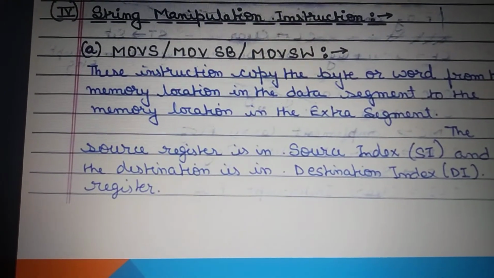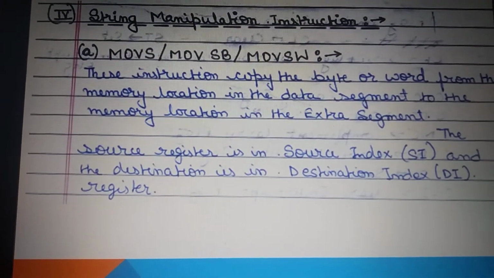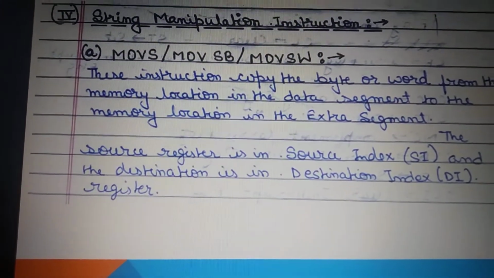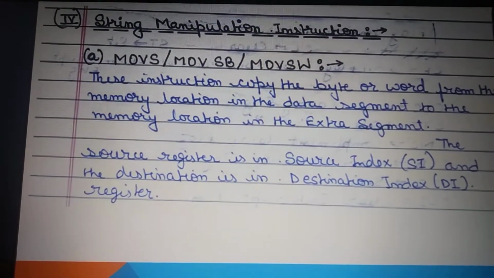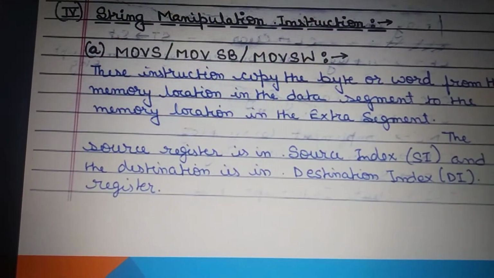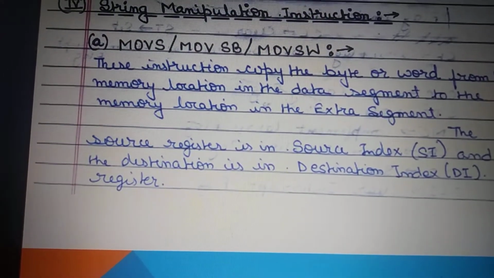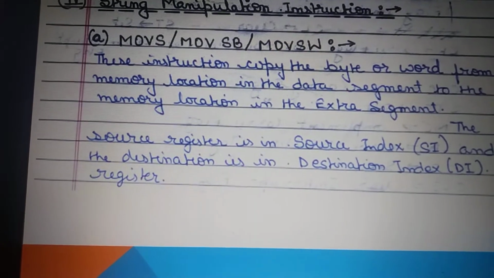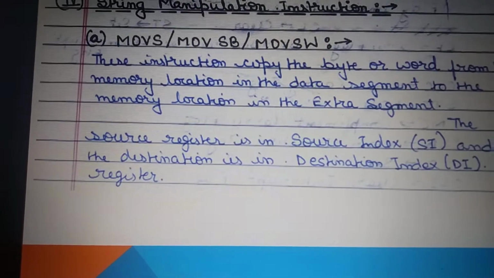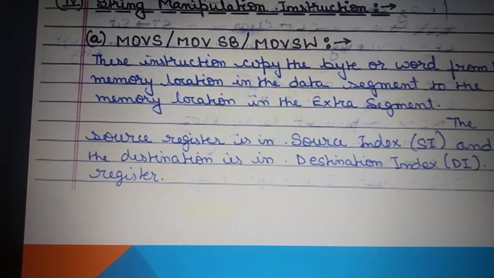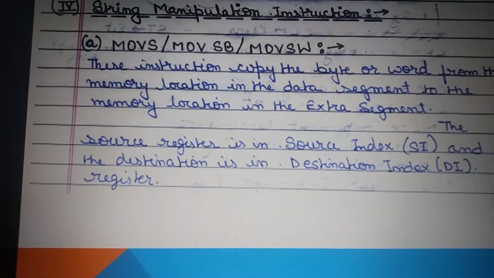That location will be given by the offset address, which is in the source index register. Similarly, the offset address of the extra segment will be given in the destination index register. So the destination where we have to transfer the data, the address of the destination location will be given in the destination index register.